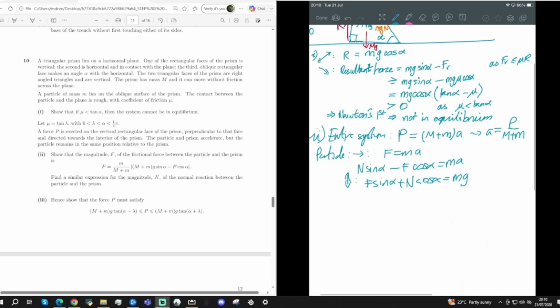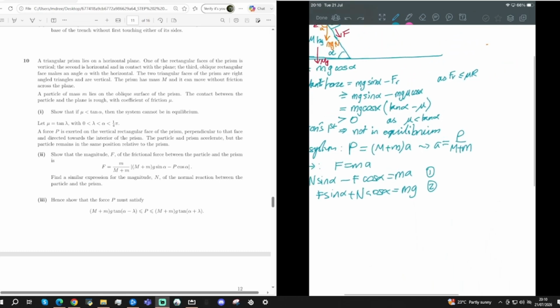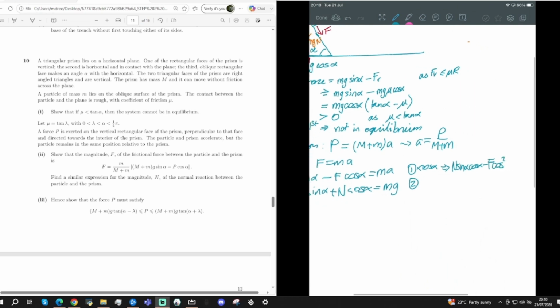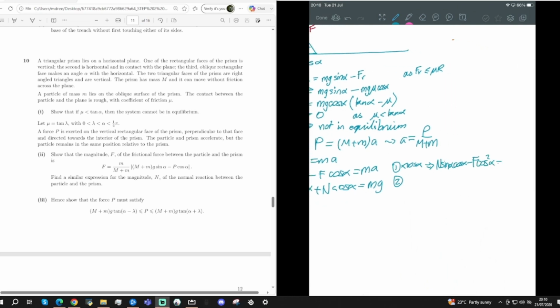So instead, I'm going to call these equations 1 and 2 and just do our normal thing. I'm going to multiply equation 1 by cos alpha. I'm aiming to get the n terms the same. So that's going to be n sine cos minus f cos squared equals ma cos.